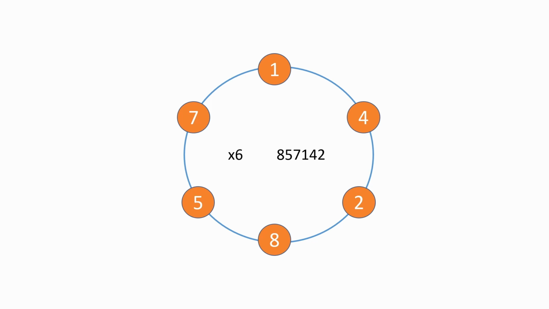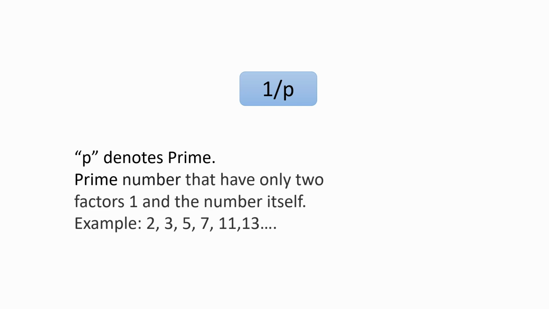Now, we will see how we get this. Say for example, a fraction having numerator as 1 is called a unit fraction, and for the denominator I am using the letter P. Here P denotes prime. What is prime?